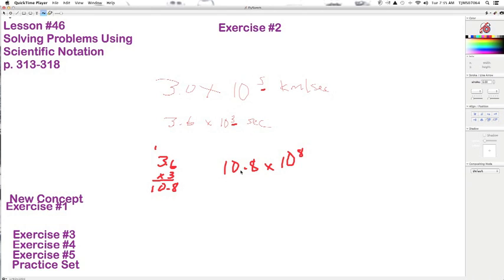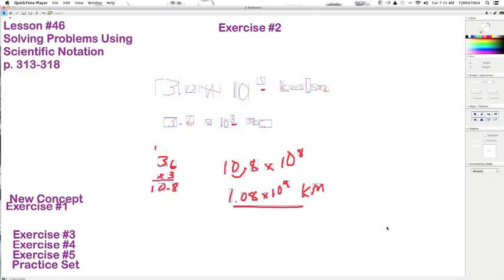Now, since we need to fix this coefficient, we'll just move this back here. And we'll say 1.08 times 10 to the 9th kilometers. Okay, that's example 2. Jumping up to example 3.